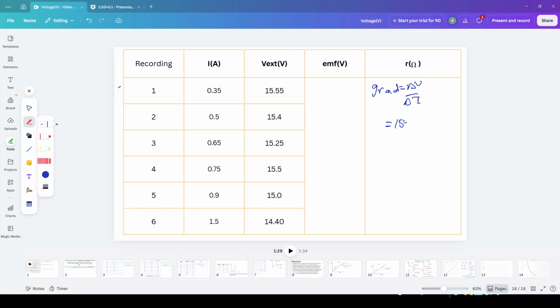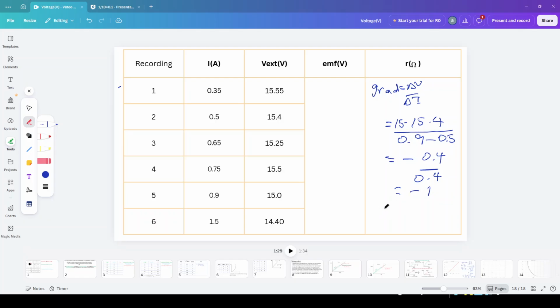That is 15 minus 15.4, divided by 0.9 minus 0.5. So that should be negative 0.4 over 0.4, which is equal to minus 1.